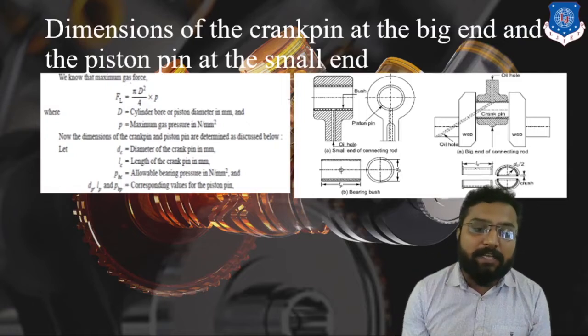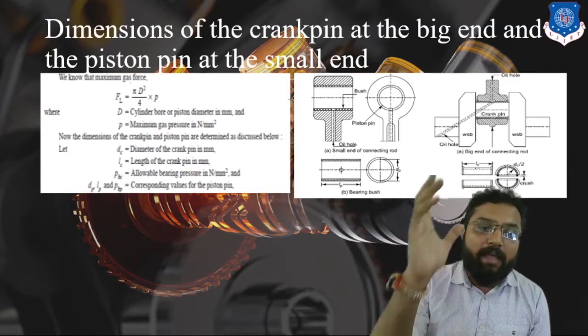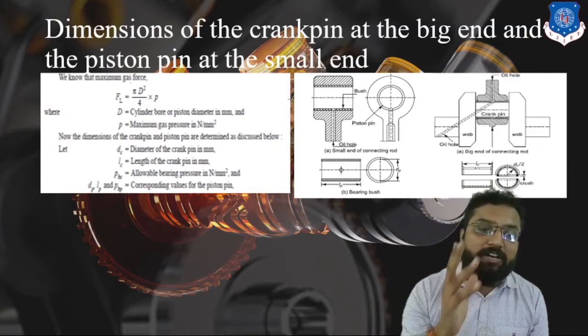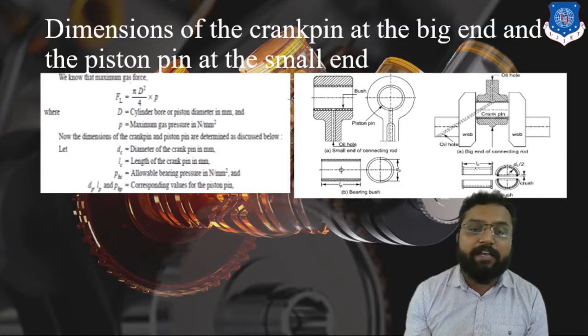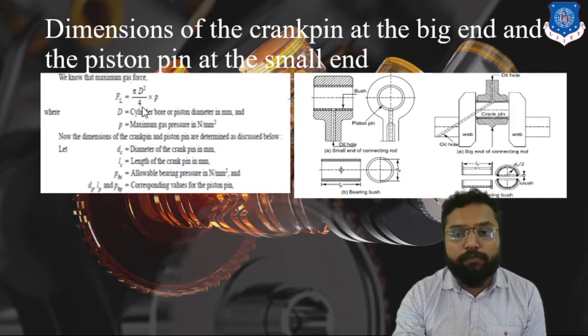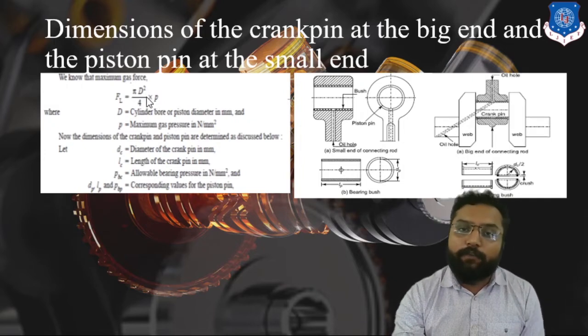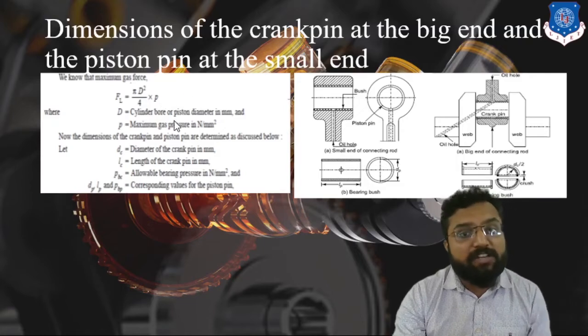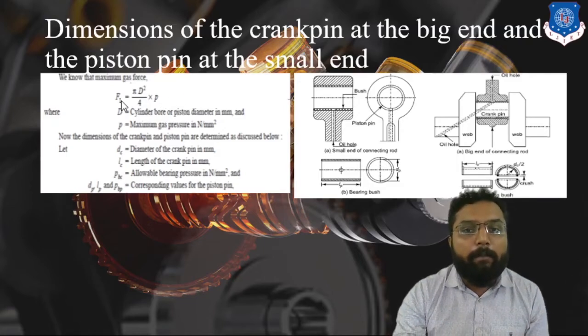Gas pressure is nothing but pressure generated by gas blasted or generated in your piston cylinder cavity. So here you can see this FL, which is the gas pressure force. FL is equal to pi d square by 4 into P, where d is the diameter of your piston and P is the pressure generated.